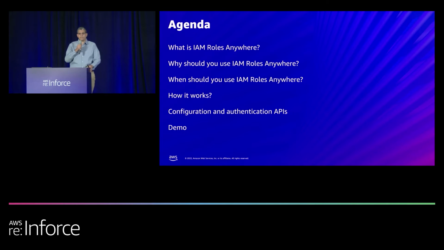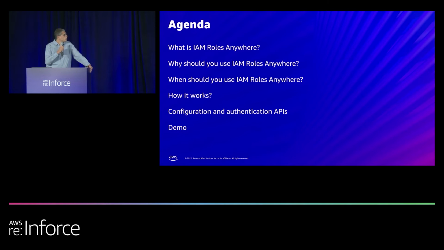You have heard yesterday in Kurt's keynote that this month we launched IAM Roles Anywhere that extend the availability of IAM roles to your workloads running outside of AWS. We are super excited about it, and today in our session, we'll be giving an introduction about IAM Roles Anywhere, and we will show how it works and the steps needed to configure and set up the IAM Roles Anywhere to start obtaining the temporary credential for your workloads.